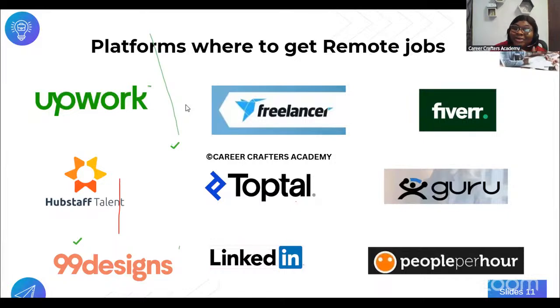Faith is saying Upwork doesn't allow Nigerians to register. You see, information is power. If you don't know something, it is more than you. That is the truth. So Upwork actually allows Nigerians. Yes, I showed you guys some of the jobs I got on Upwork earlier, right? So like I was saying, it's not just about going on these platforms and creating an account.